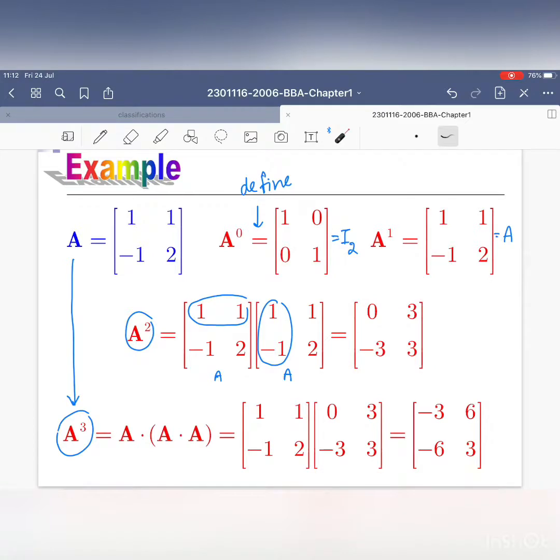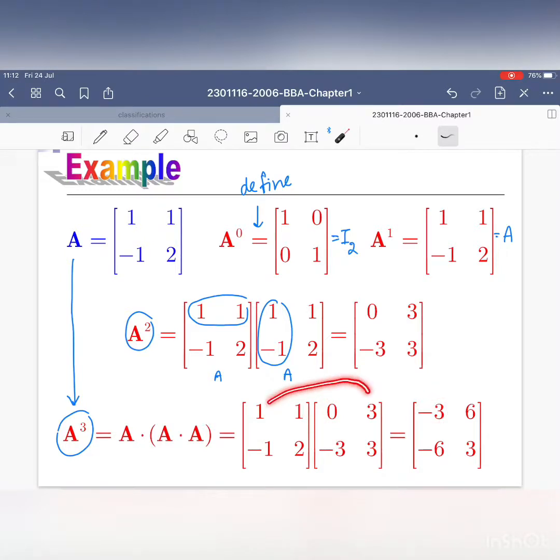So if you need to find the A cube, then you apply another A to your A square, right? So here is your A square, there is your A. So you do it one more time, okay. You are going to have 1 and 0, which is 0, 1 and negative 3, which is negative 3. So this is the result for the first row, first column.